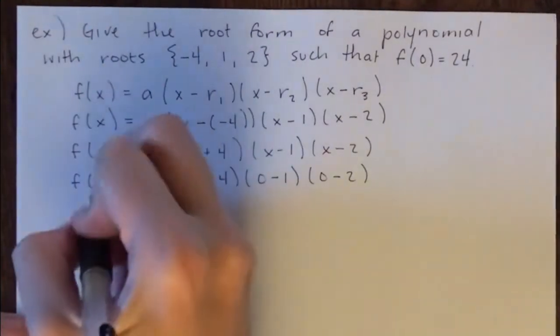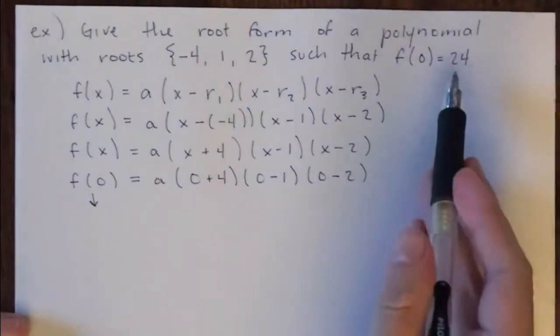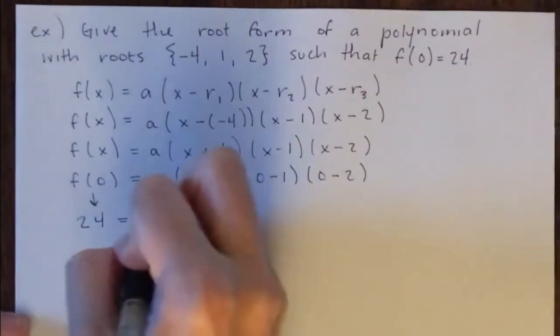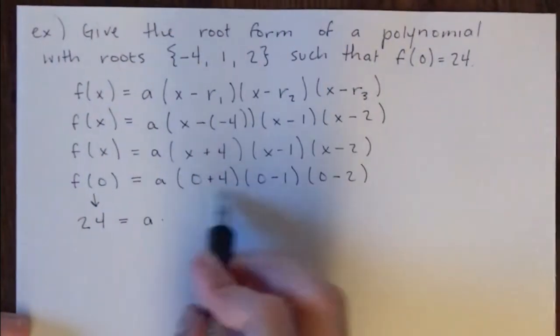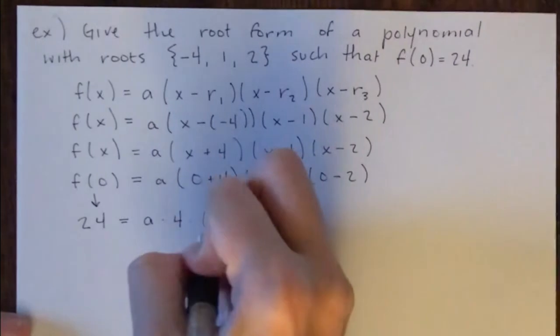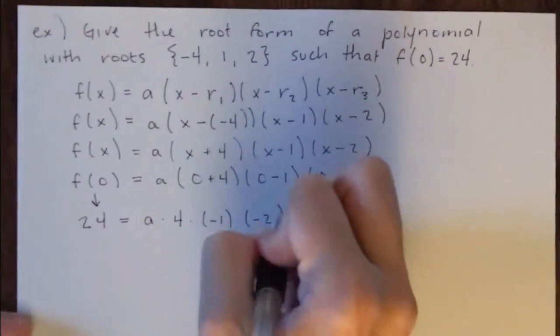So we know that f of 0 is equal to what? 24. So we have 24 equals a times 4 times negative 1 times negative 2.